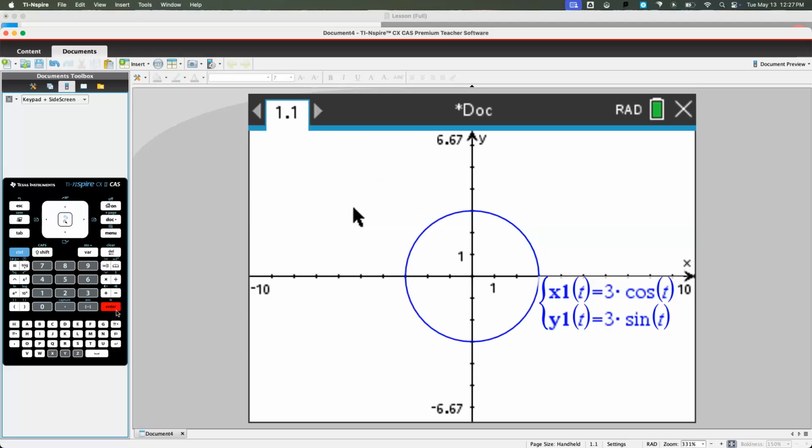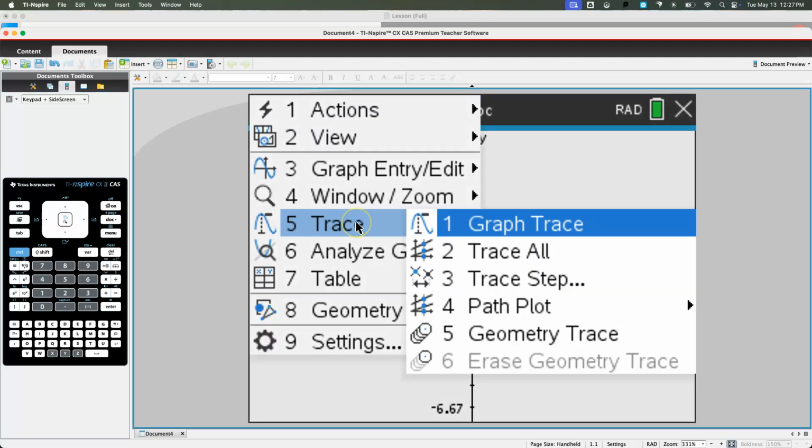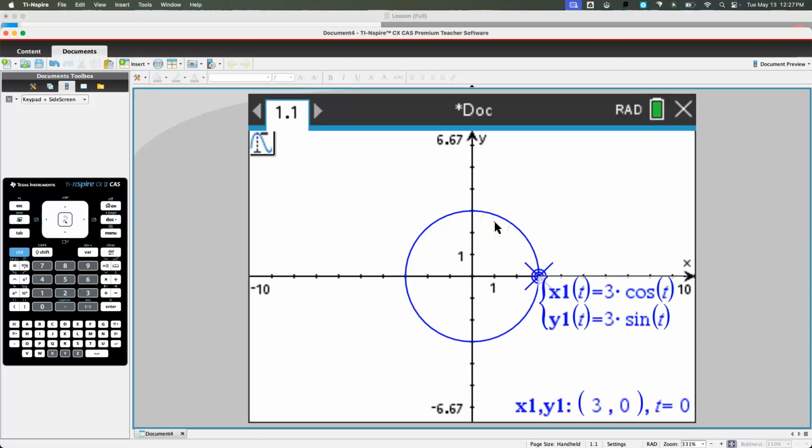So I see one complete circle, but if I were to trace this, it would go round and round. There's up to 6.28, so that's 1. There's 2. And then it would come back here now.